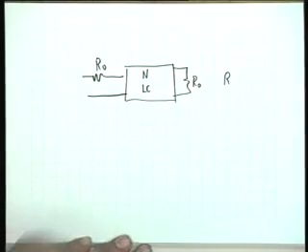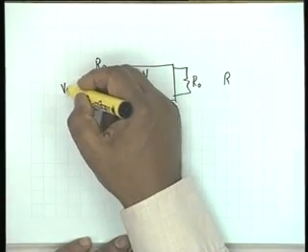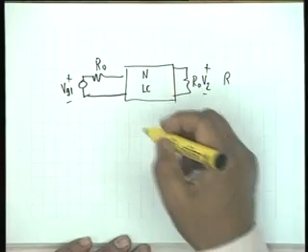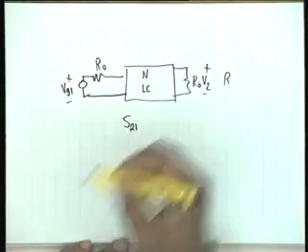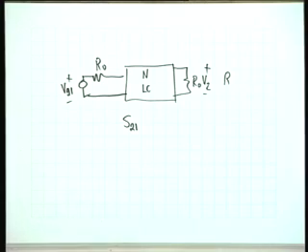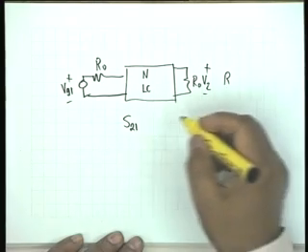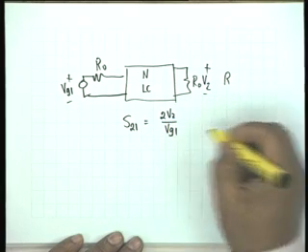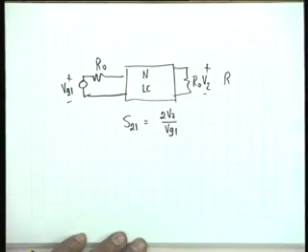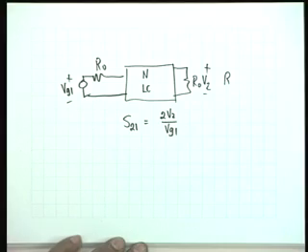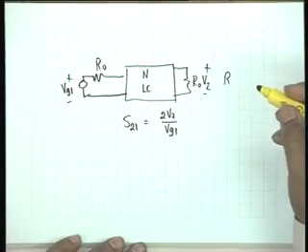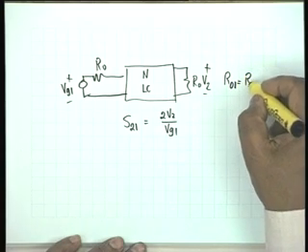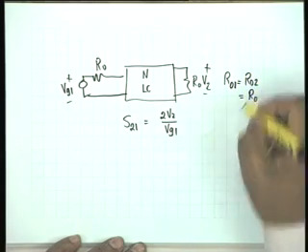Both terminations are equal, then you have a voltage source Vg1, the voltage across this is V2, then you know that S21 parameter, that is the forward transmission scattering parameter, S21 is equal to twice V2 by Vg1 times square root of R1 by R2, but both are equal, and therefore that ratio is 1. Our reference resistances as usual are equal to the terminating resistances.